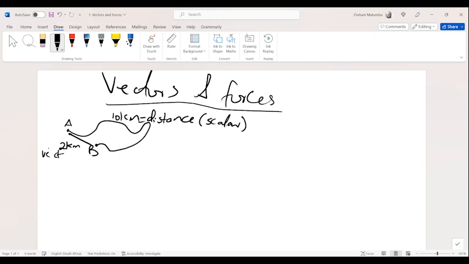So that's what we call a vector. So a vector distance is called a displacement. It doesn't matter how your distance was, whether you travel and come back this side. What matters is where you started and where you ended. That is the vector distance, which in this case we call displacement.